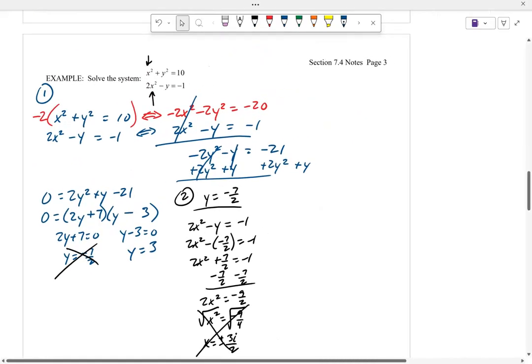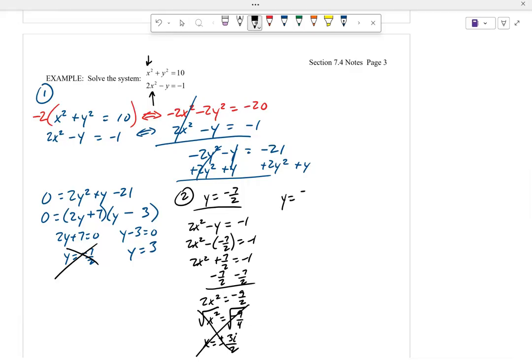Okay. Now, this is why I say be careful. Had I thrown this negative 7/2 in, remember it's got to satisfy both. Had I thrown it into this one, x squared plus negative 7/2 squared equals 10, would it have given me a solution? x squared plus, that's a plus 49 over 4 equals 10.